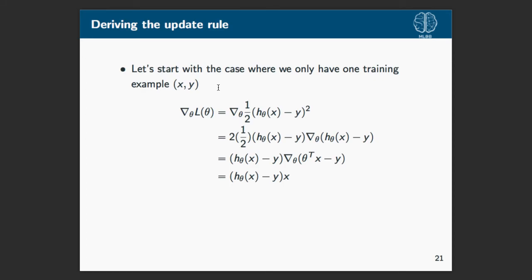Okay, and now here we're just using the chain rule. So the derivative of this function: we bring the exponent down, and then take the gradient of the function inside. Does this second line make sense? Any questions here?